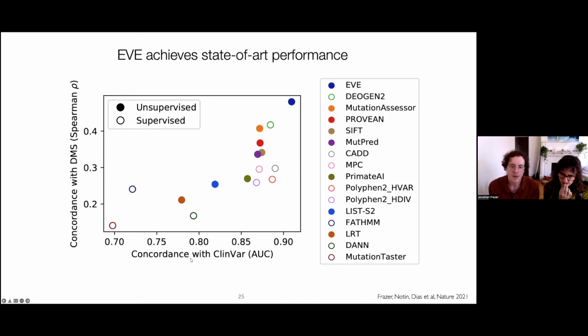And I should explain the notation here. If the dot is filled in, this corresponds to an unsupervised method, so a method like ours that is potentially trained on just evolutionary data or something like that. And if it's an open circle, then this corresponds to a supervised method, so a method that saw clinical labels during training.